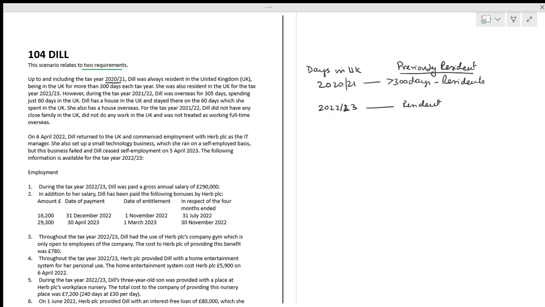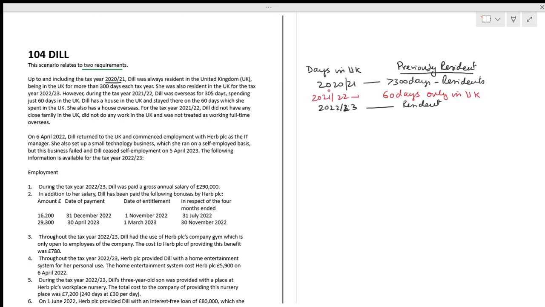Dill was overseas during the year 2021-22. The issue is here. For 2021-22, she was in the UK for how many days? Only 60 days in the UK, which she spent.